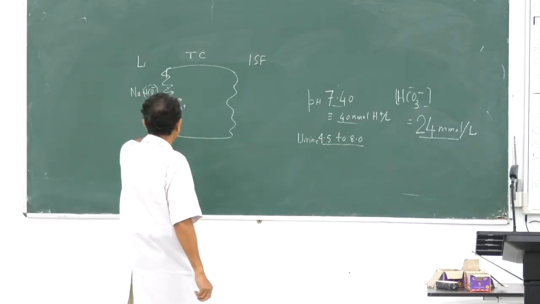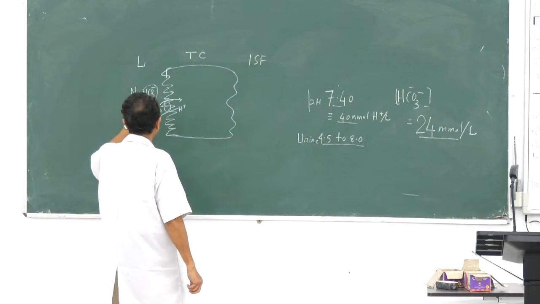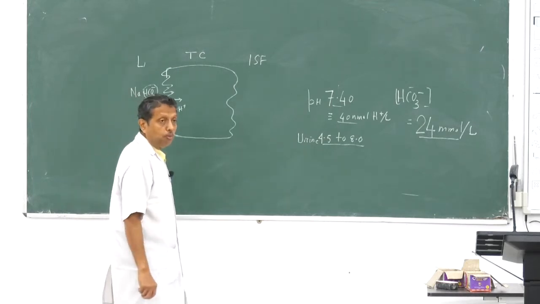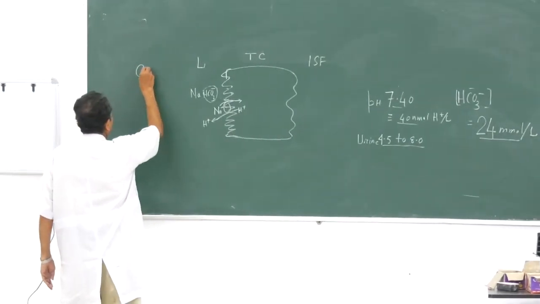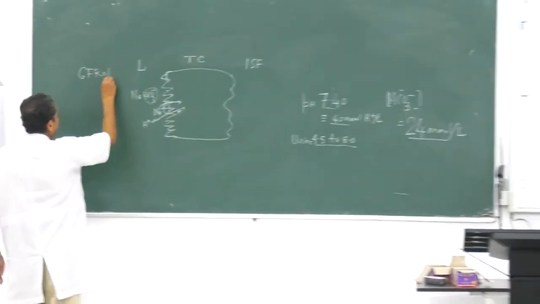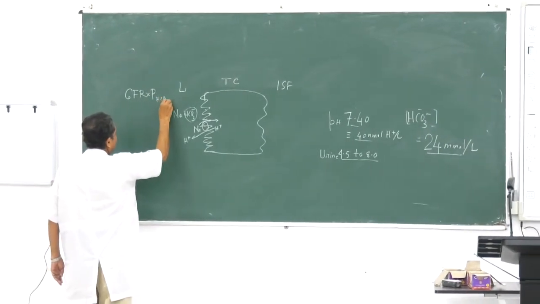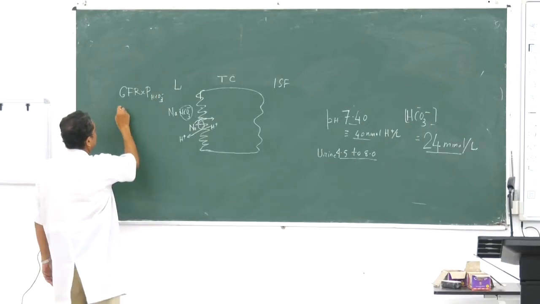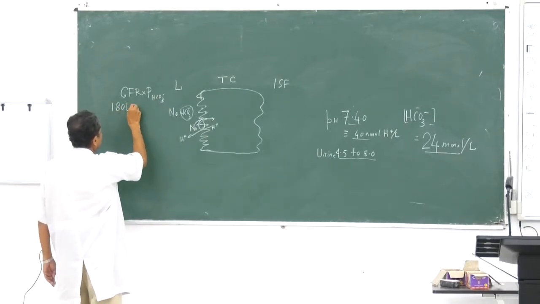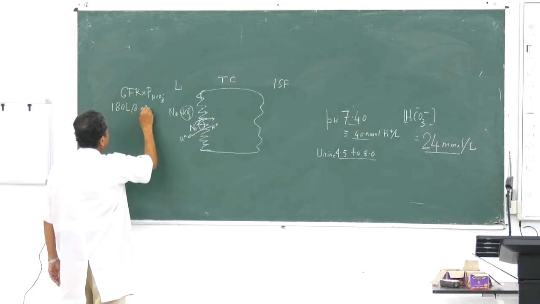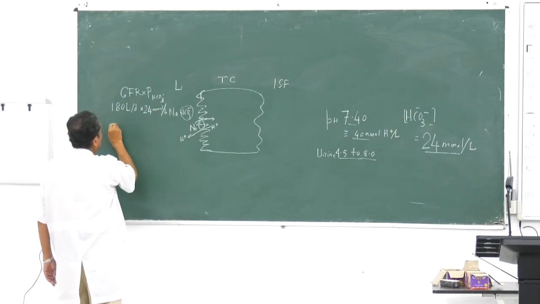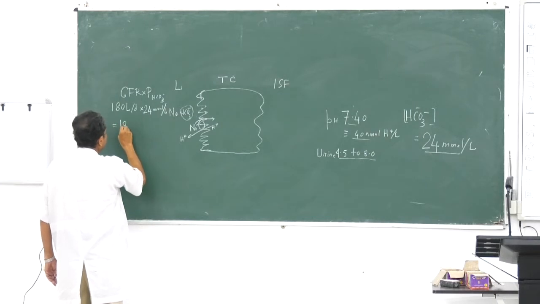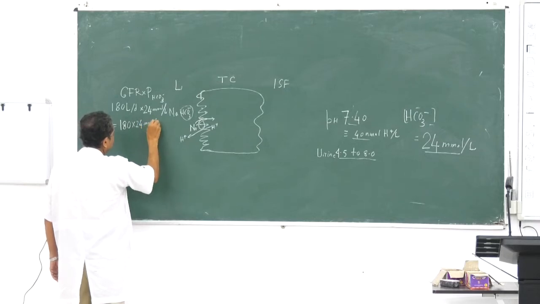By means of this transporter, sodium bicarbonate in the luminal fluid, and this filtered load is equivalent to the GFR multiplied by plasma bicarbonate. It is 180 liter per day multiplied by 24 millimole per liter. So you take this value, 180 multiplied by 24 millimole per liter.